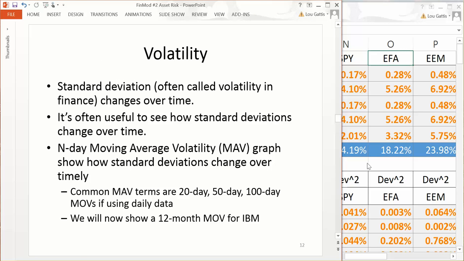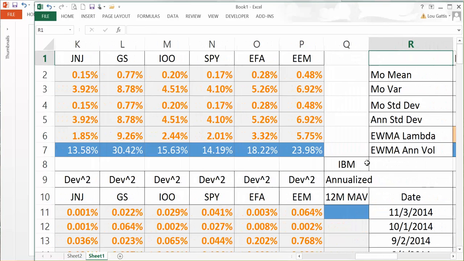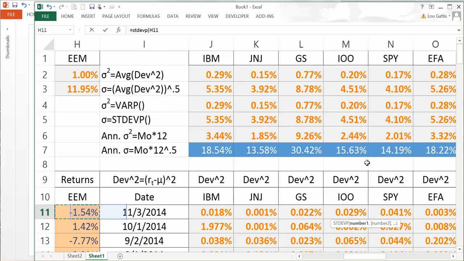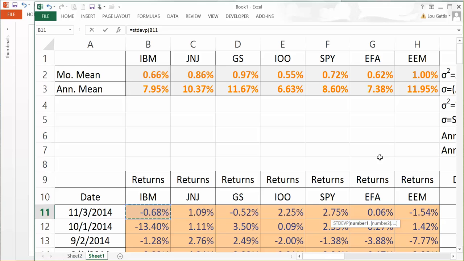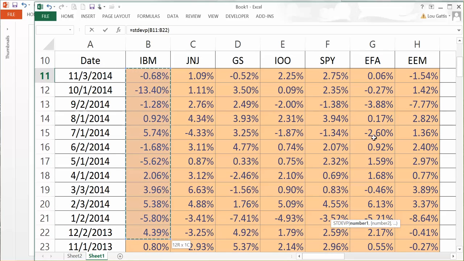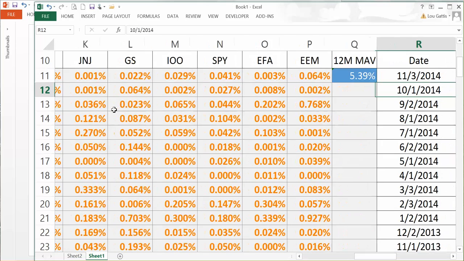If I want to look at how standard deviations move over time, I can calculate something called a moving average volatility. So I'm going to go down to my spreadsheet and use STDEV.P. And I'm going to highlight just the 12 latest returns for IBM, so it's really just December 2013 to November 2014.